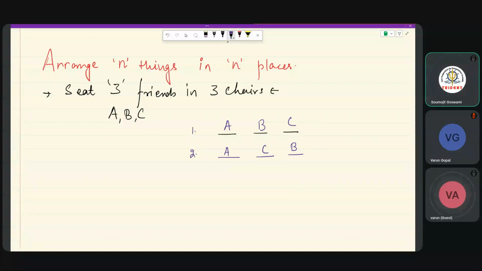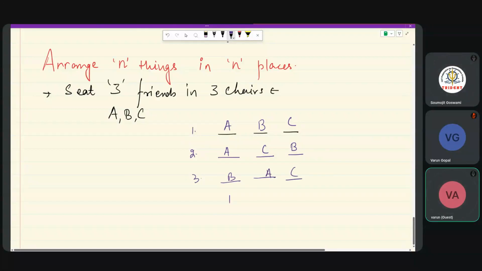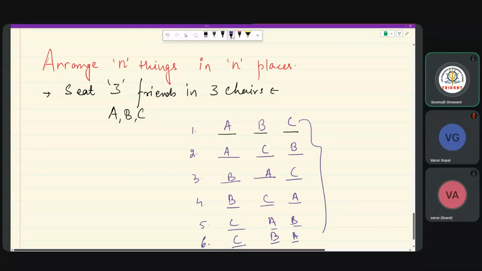With B in the first position, A and C can be put in 2 ways. So the logic that I was employing is this: A, B, C; A, C, B; B, A, C; B, C, A; C, A, B; C, B, A. Yes, this is exactly what I was trying to tell you, that you need to do this in order to understand what I was saying. So how many? 6 ways.